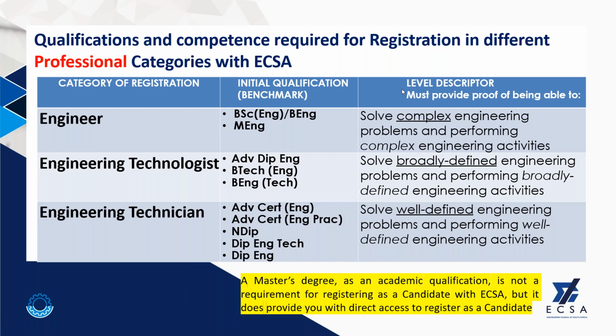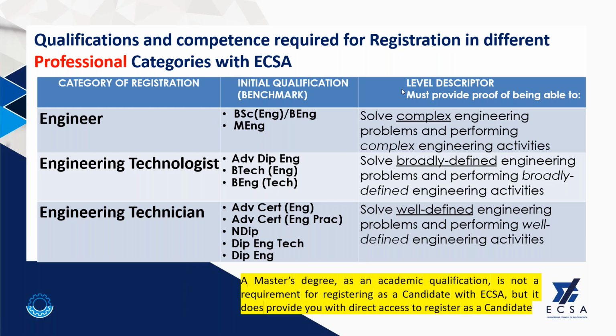You need to be able to demonstrate to ECSA that you can solve complex engineering problems and you can perform complex engineering activities. In terms of engineering technologist, obviously you will need your BTech or BEng in technology. With engineering technologist, you need to demonstrate to ECSA that you are able to solve broadly defined engineering problems and perform broadly defined engineering activities.